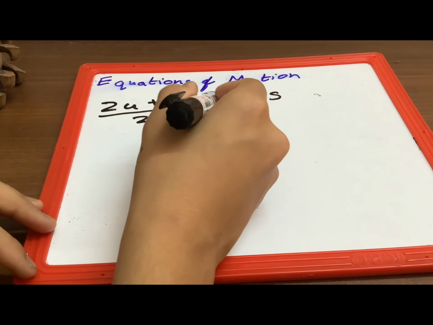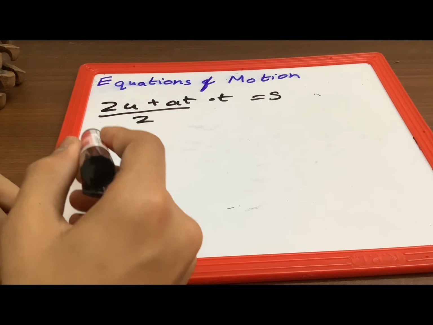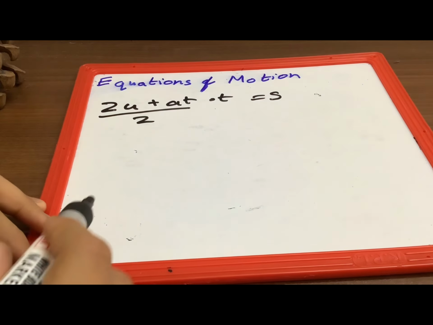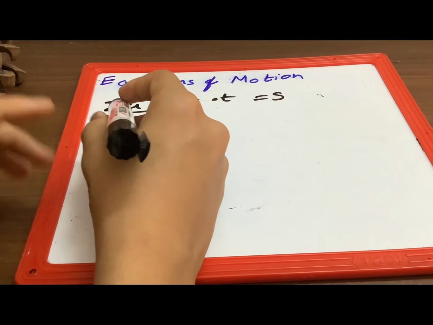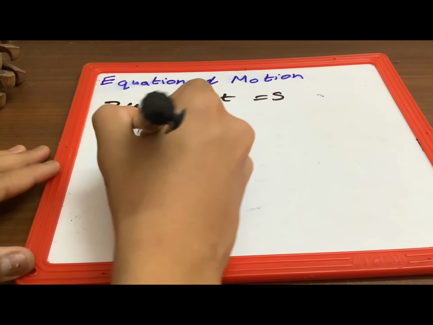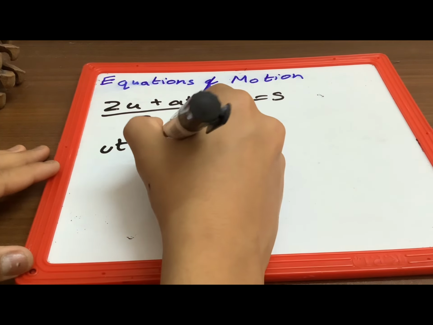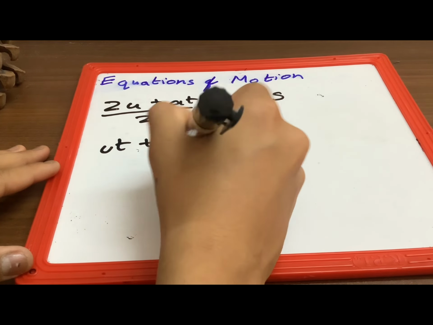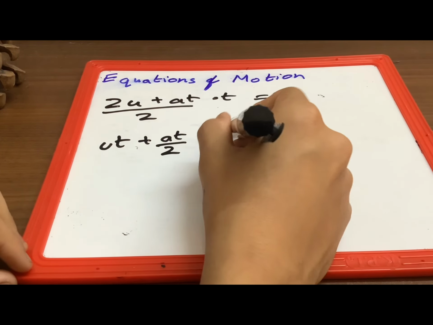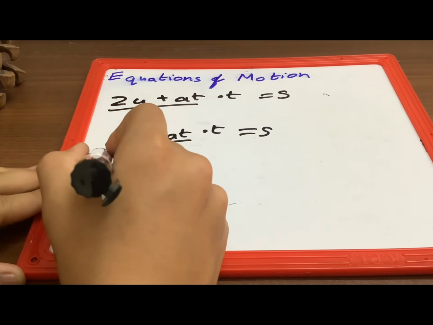So, since this t is getting multiplied by the whole term, if we cut off 2u from the fraction, we get ut plus at over 2 into t equal to displacement.